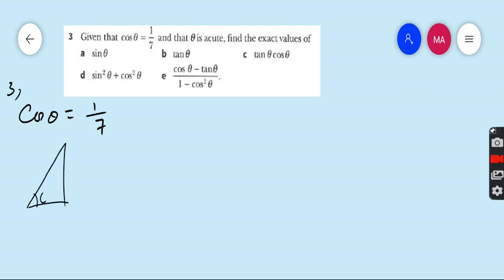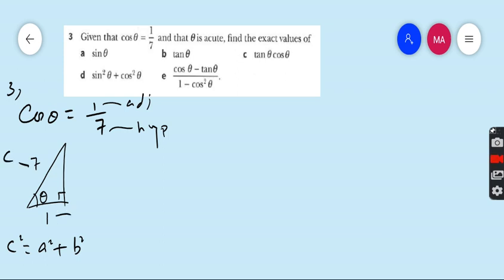This is theta. Adjacent is 1, and 7 is hypotenuse. This is the formula of cos. Hypotenuse is 7, which is opposite to 90 degree. Apply Pythagoras theorem. C square is equal to A square plus B square.